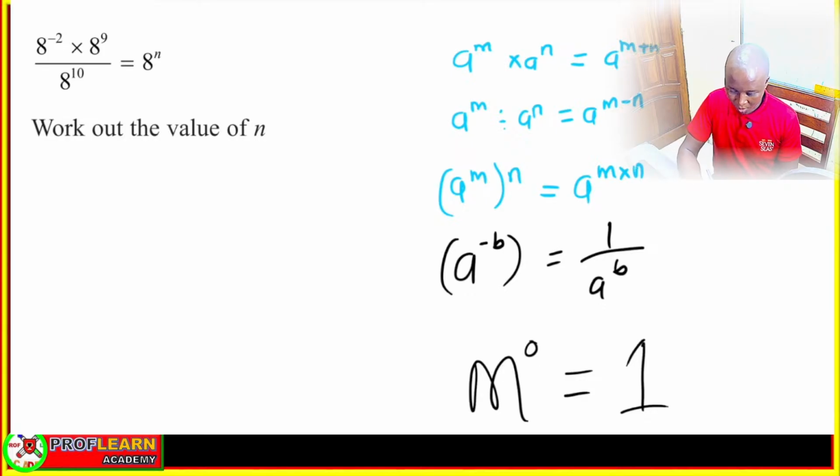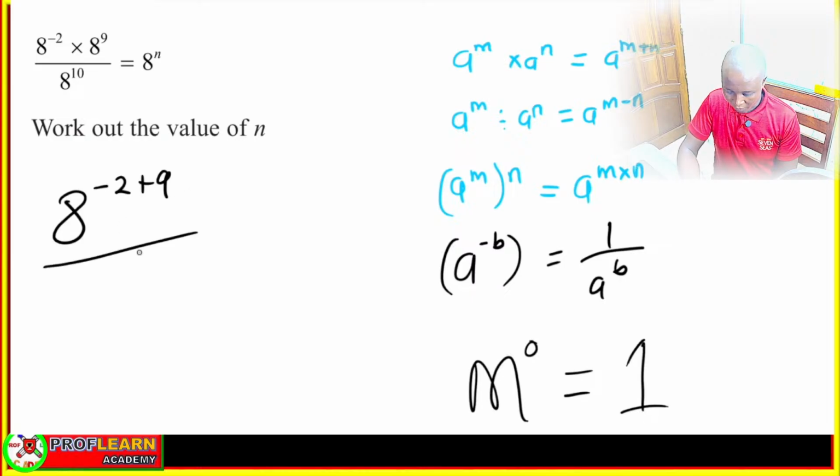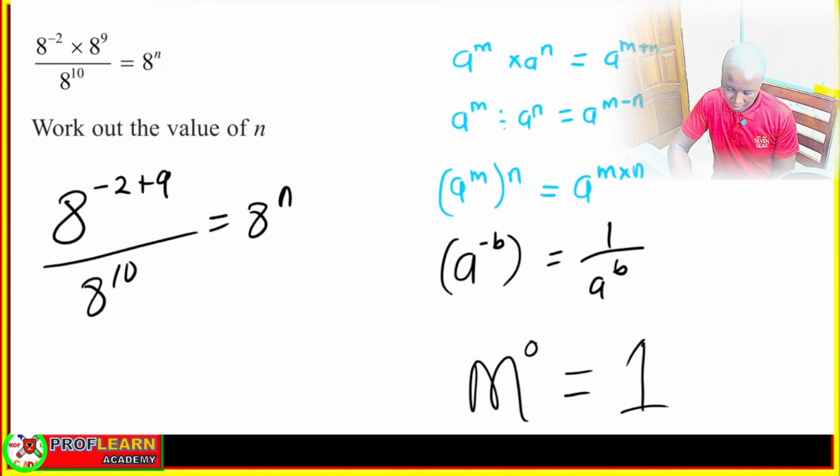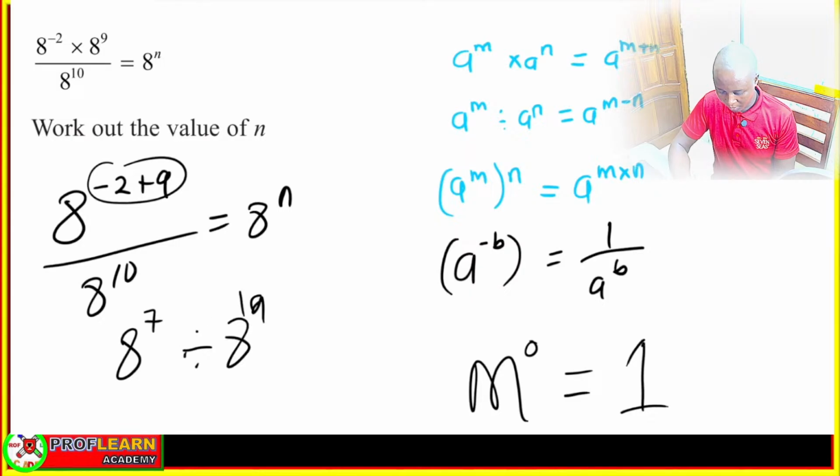Now here we have 8 raised to power minus 2 times 8 raised to power 9. So this is going to be 8 raised to power negative 2 plus 9, over 8 raised to power 10, is equal to 8 raised to power n. Then this is going to be 7. So we shall have 8 raised to power 7 divided by 8 raised to power 10 is equal to 8 raised to power n.